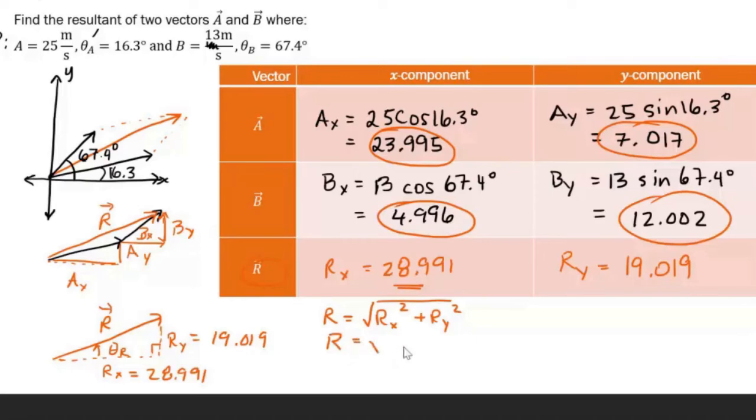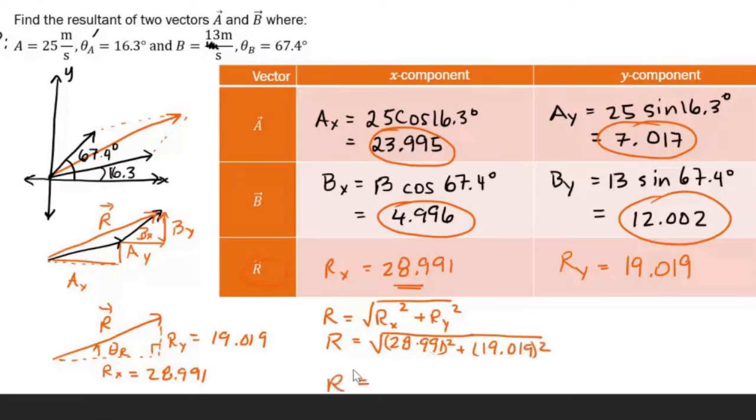So we find that r is equal to the square root of 28.991 squared. Drop that in brackets, even though it's a positive value, just in case. Sometimes the components, of course, for x and y can be negative. And then we'll add the square of the y component. That's 19.019 squared.